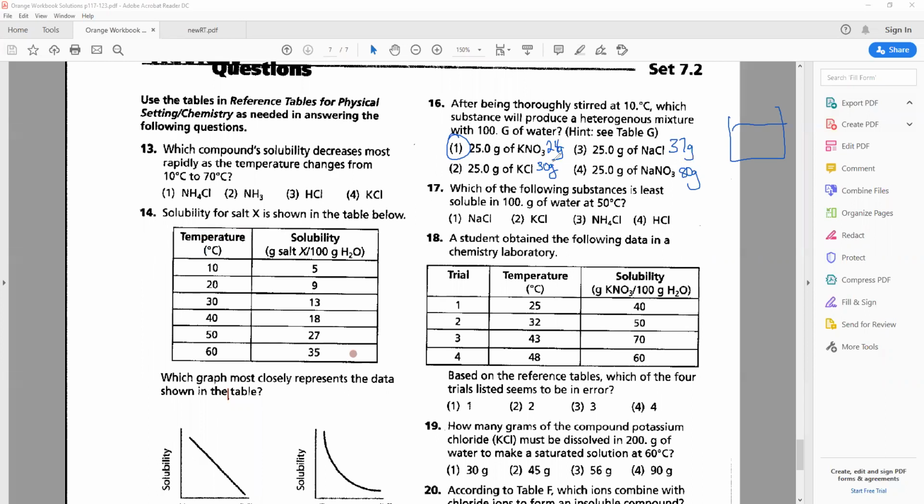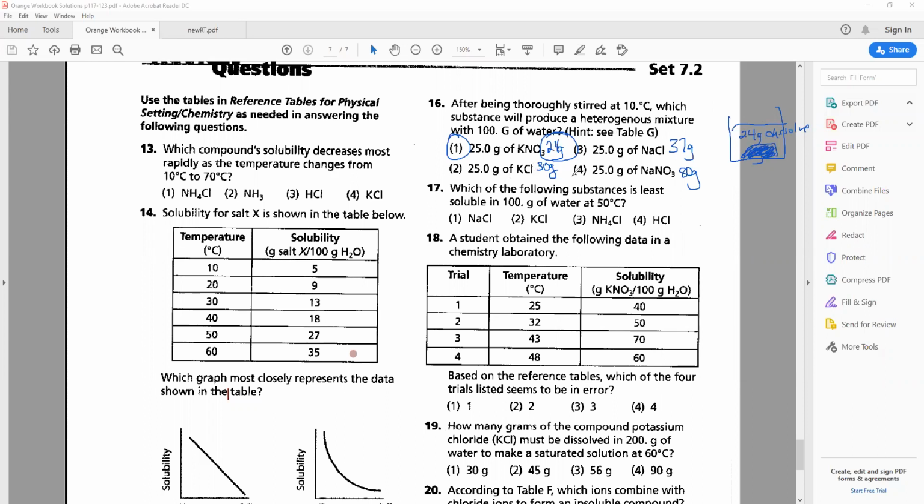You have 25. So 24 grams will dissolve, and the 1 gram is not going to be able to dissolve, and it's going to fall on the bottom for KNO3.